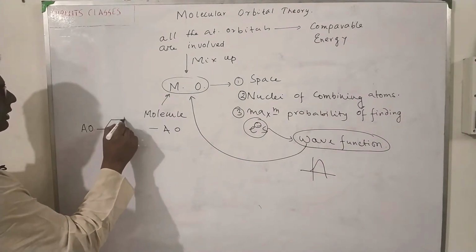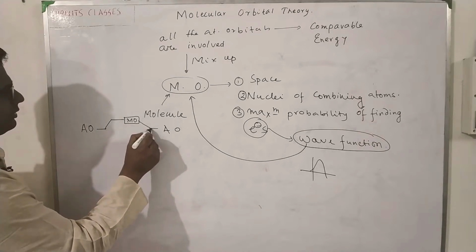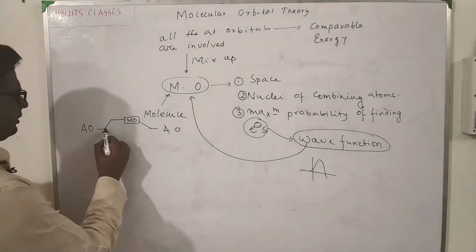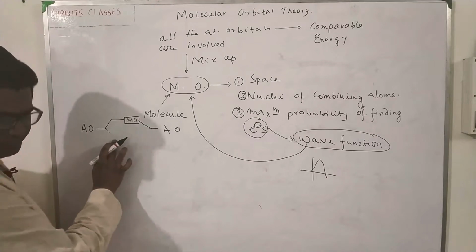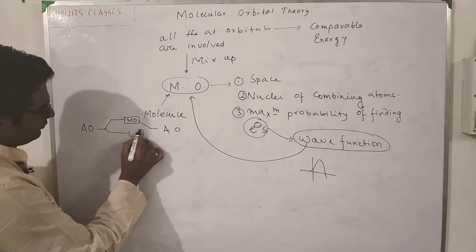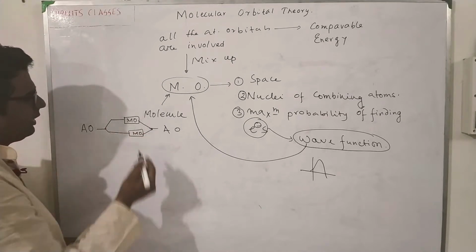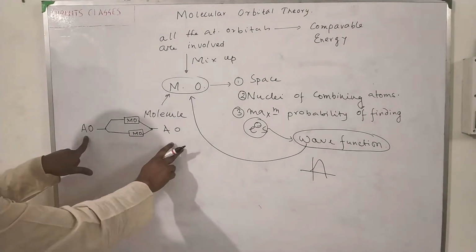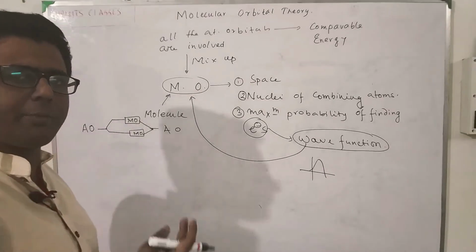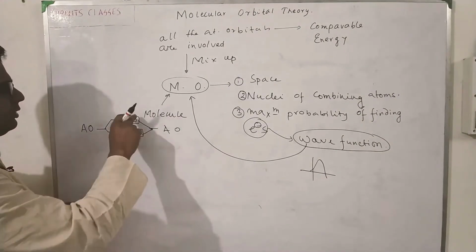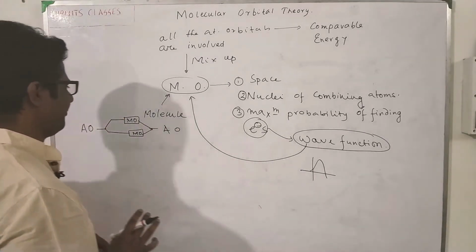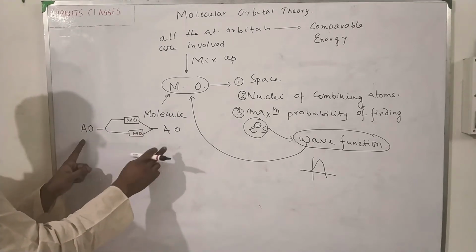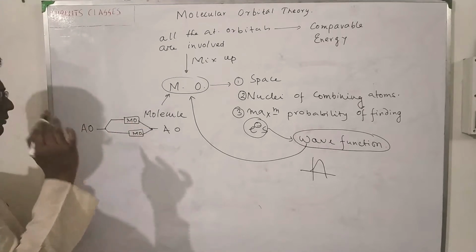They form one molecular orbital over here and another molecular orbital at the bottom. At the end of the day, two atomic orbitals will give rise to two molecular orbitals only. In an orbital a maximum of two electrons can stay, so in a molecular orbital also two electrons can stay. Two atomic orbitals come together only if they are of comparable energy, and then form molecular orbitals.